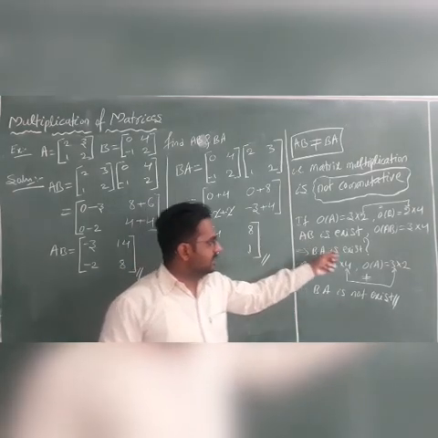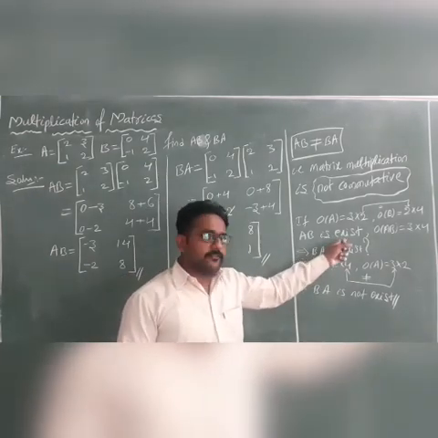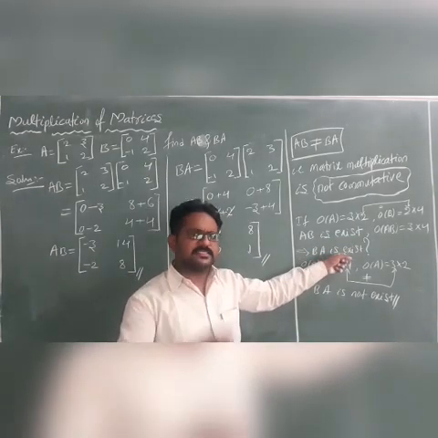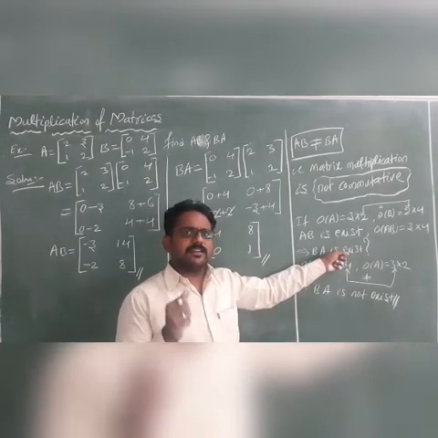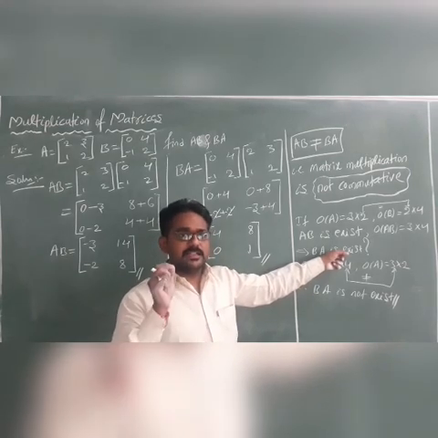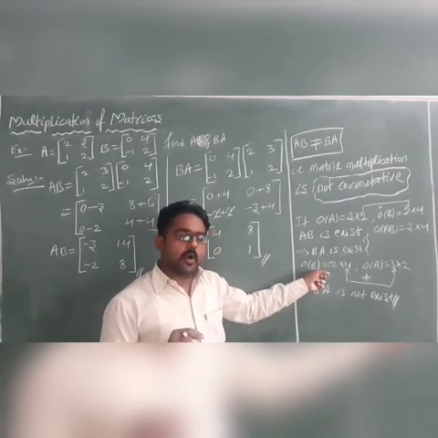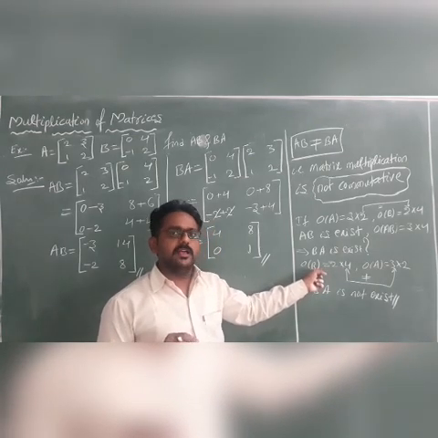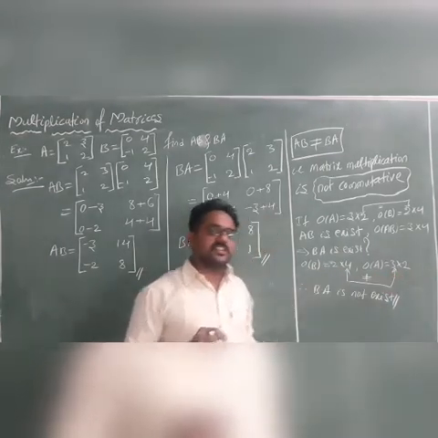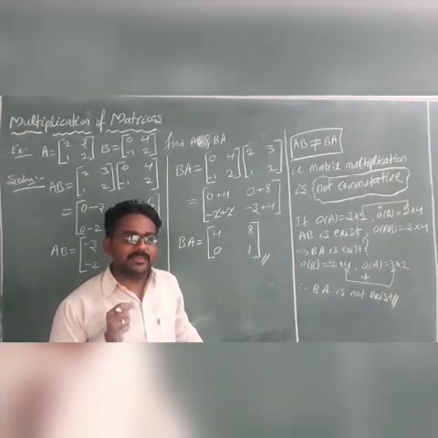For AB, it exists. And for BA, does it exist? Let us examine that by observing the number of columns of matrix B and the number of rows of matrix A.